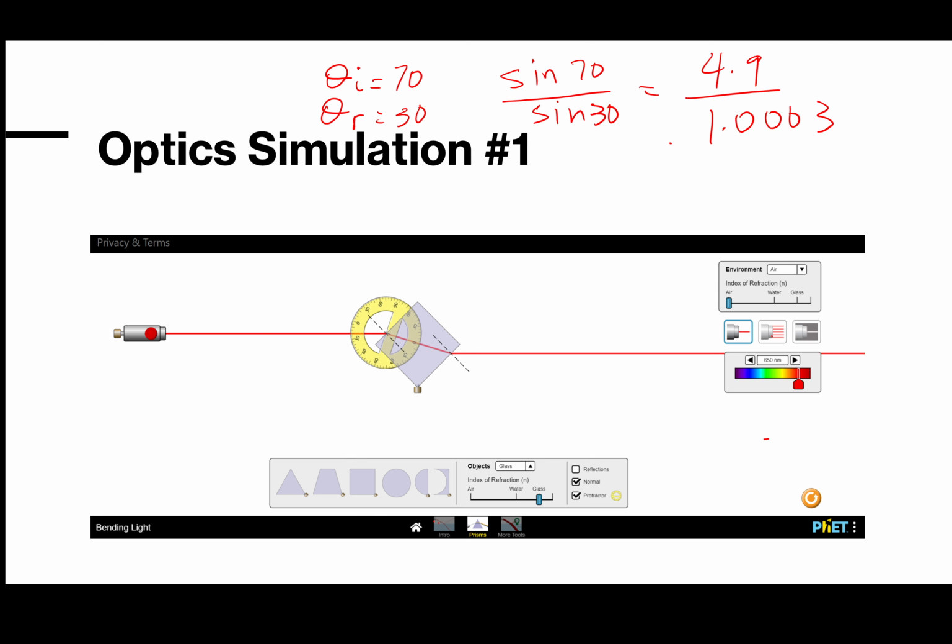And 1.49 divided by 1.0003 should give us around 1.49. So what's happening here is deviations due to the experiment, etc. But if you continuously tweak and try to get the perfect angles, the law should in theory work. So that's how it works.